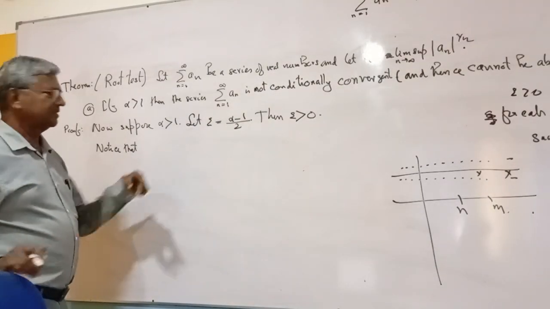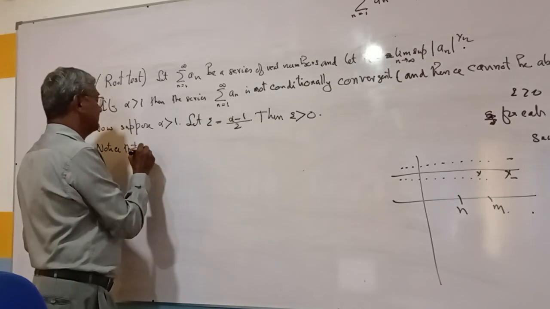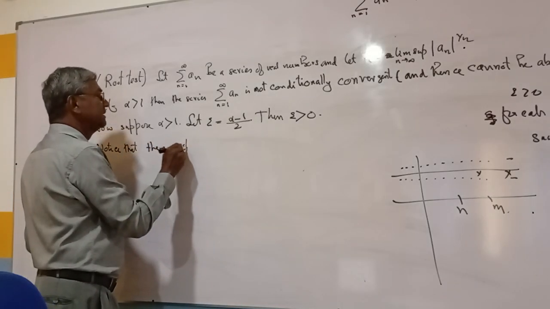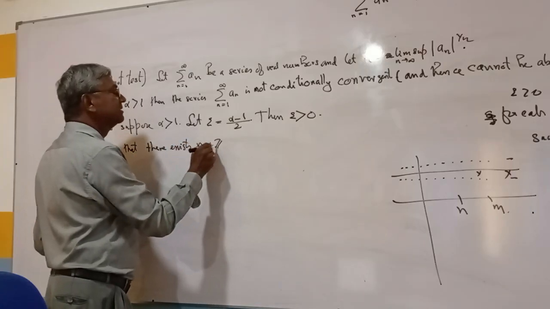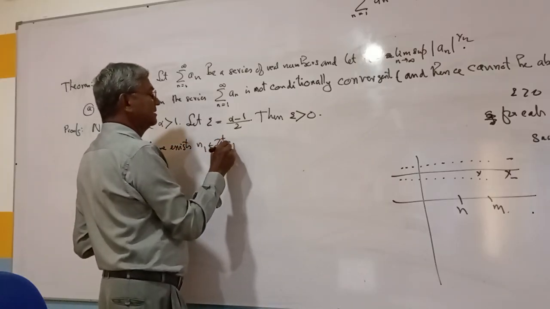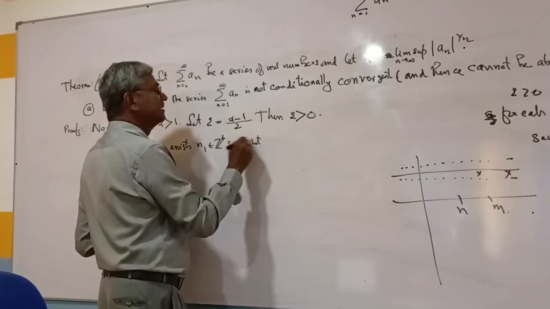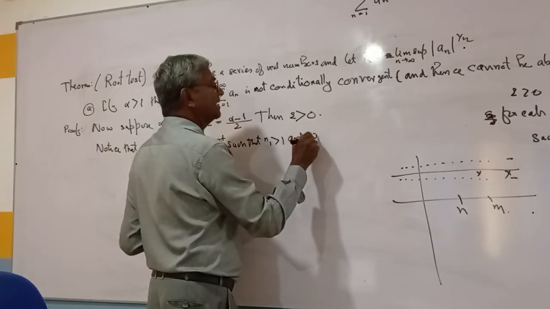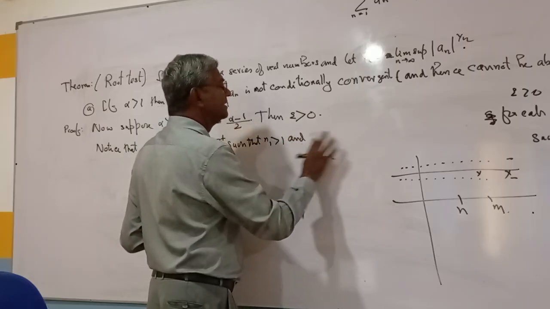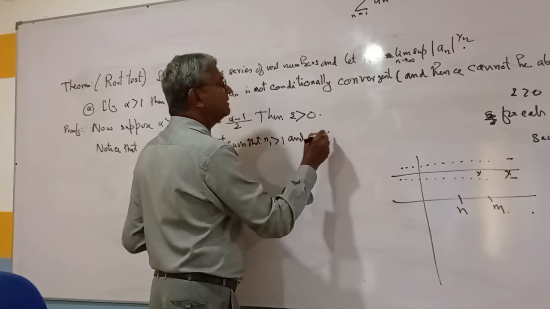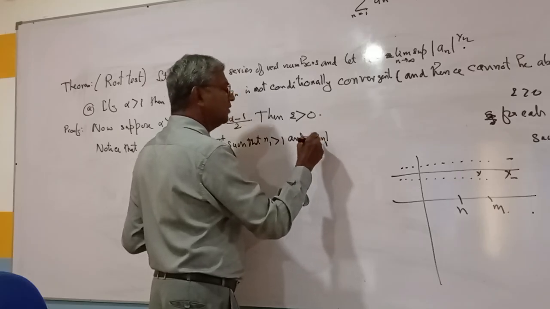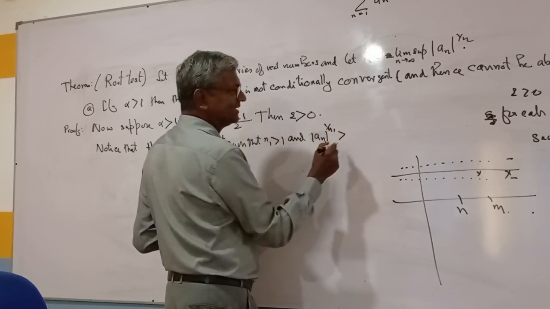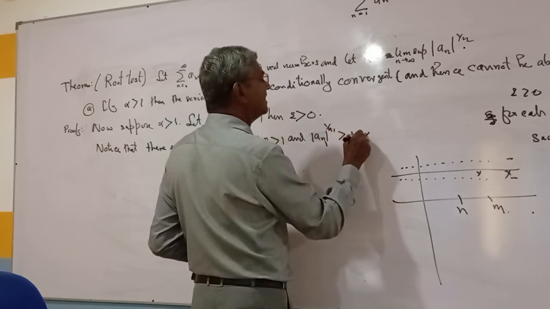Because it is the first time, let me write that there exists n1 belonging to Z plus such that n1 is strictly greater than 1 and mod a_n1 raised to the power 1 over n1 is greater than (1 plus alpha) divided by 2.